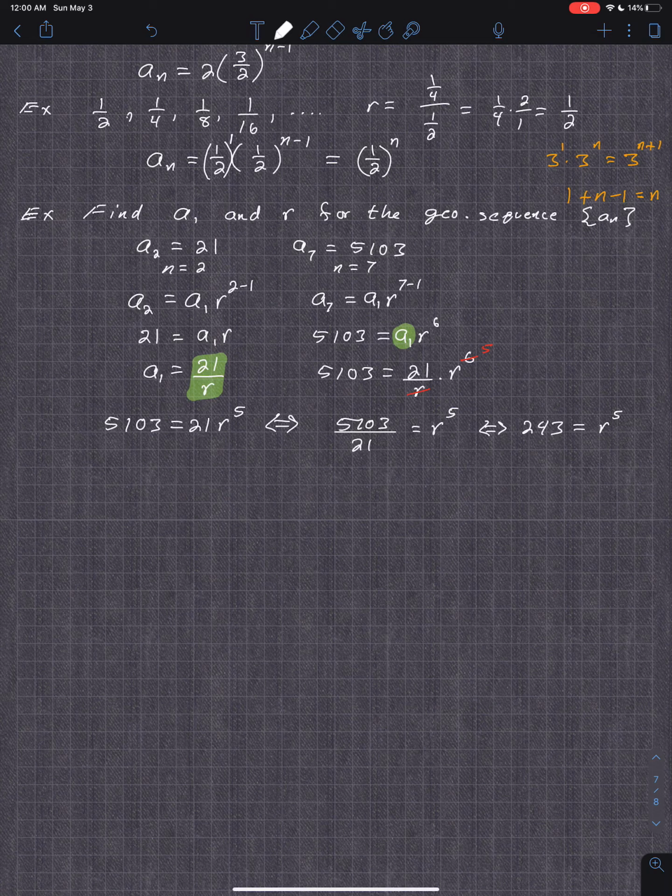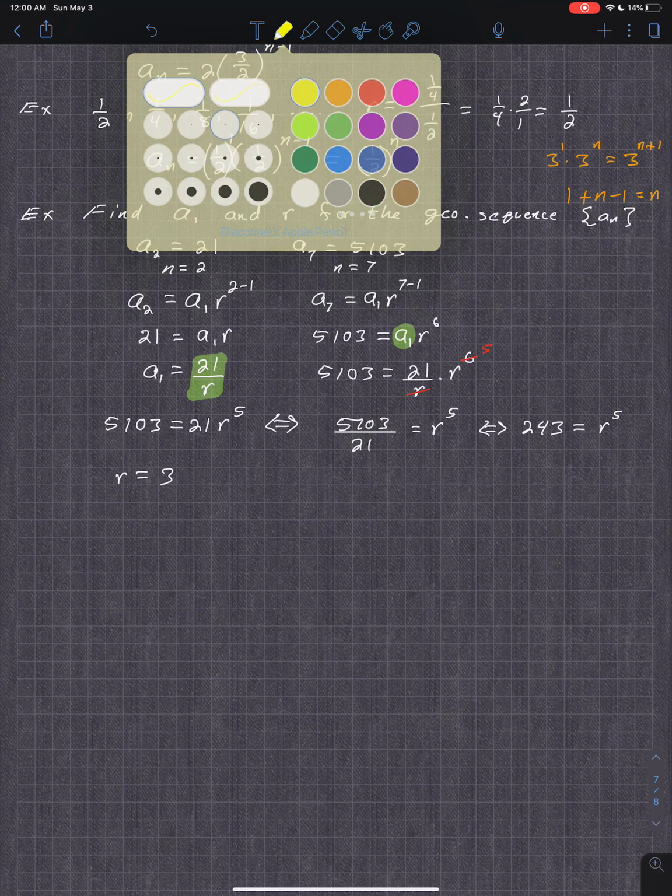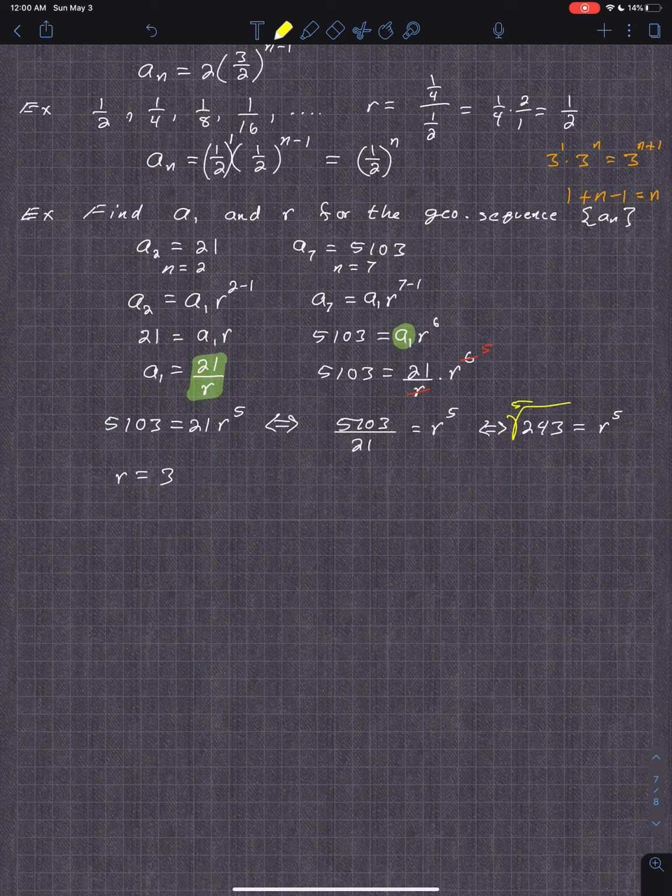If you do a 5th root on both sides, it actually is a 5th root. That's why it works out so nice. So R is equal to 3. You do the 5th root like this on both sides, see what happens. Okay, I'm going to leave that off. So R is equal to 3.